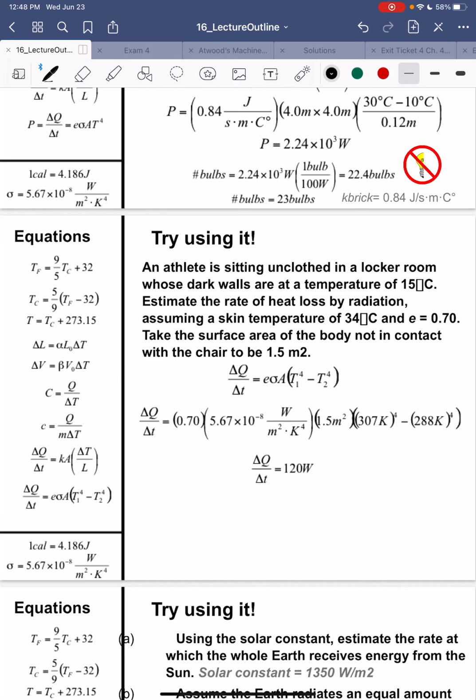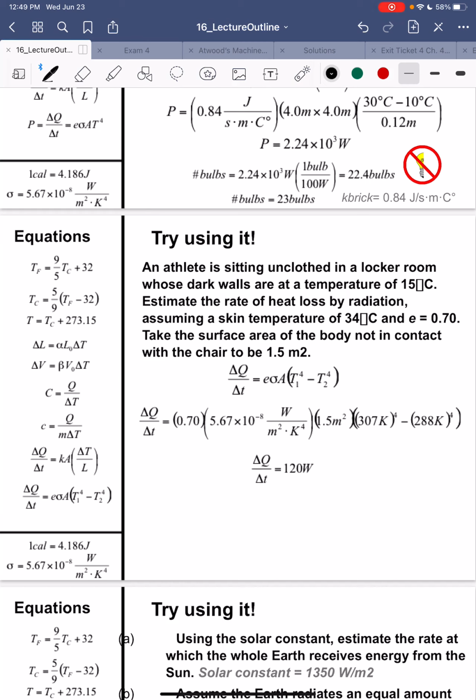An athlete is sitting underclothed in a room whose dark walls are at a temperature of 15 degrees Celsius. Estimate the rate of heat lost by radiation, assuming a skin temperature of 34 degrees Celsius and e to be 0.7. Take the surface area of the body not in contact with the chair to be 1.5 meters squared.